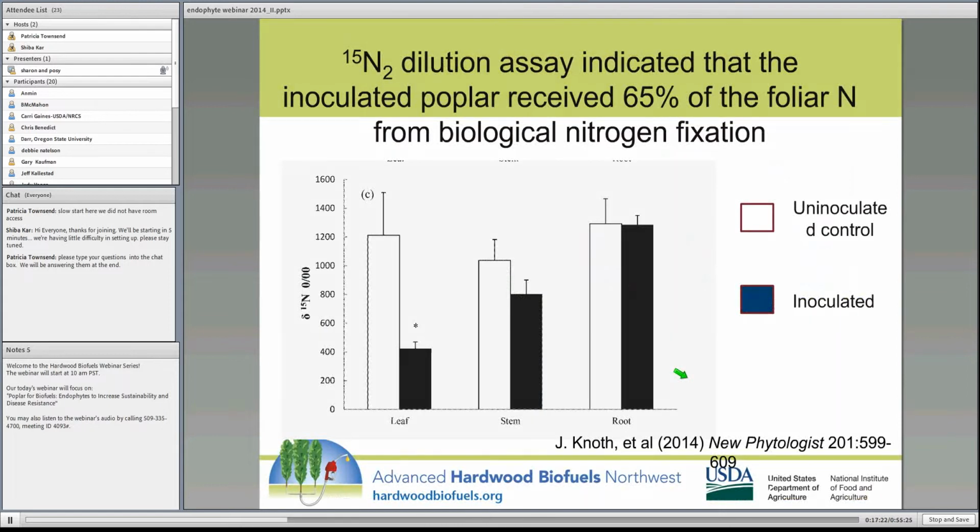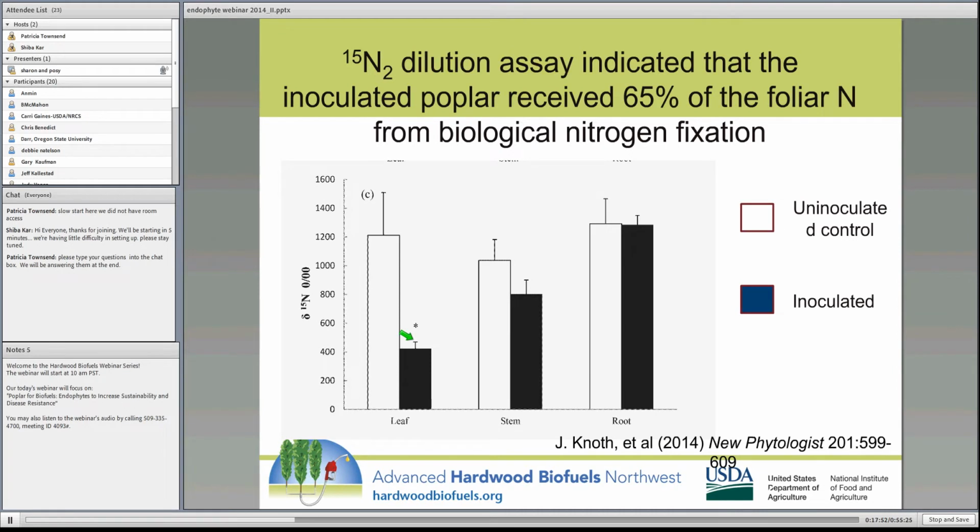We've done greenhouse assays showing that nitrogen fixation is occurring in poplar. In this particular case, it was a 15N dilution assay where the plants are first labeled with this 15N. And then, comparing uninoculated with inoculated with the wild endophytes, if you see a decrease in the 15N label, then that means it was taking nitrogen from the air.